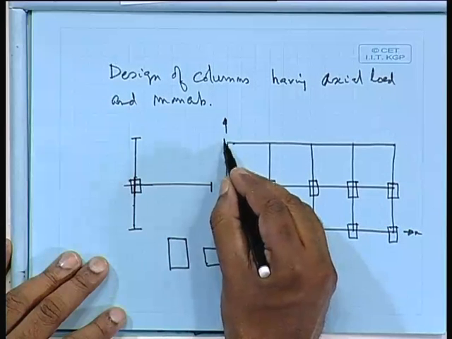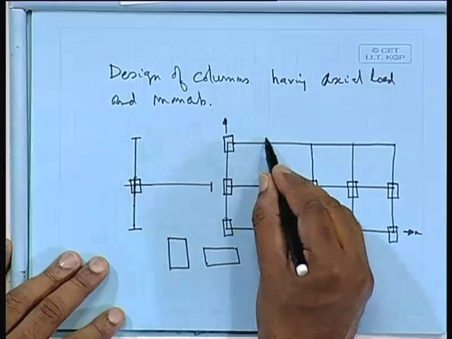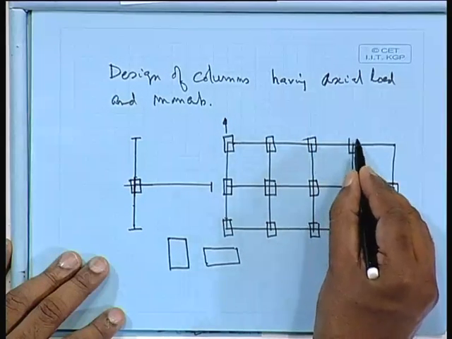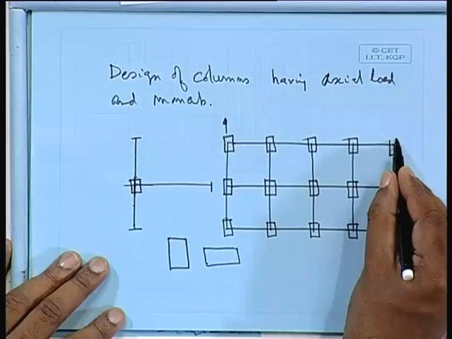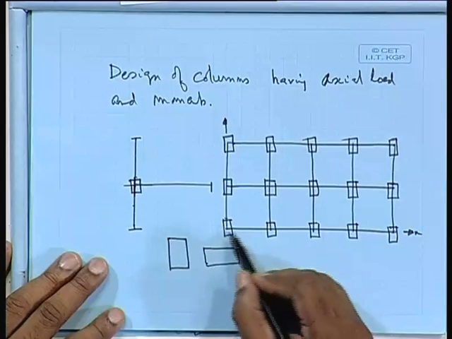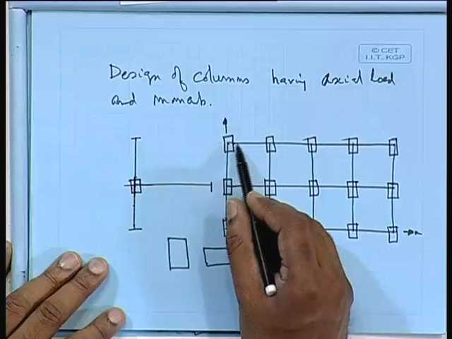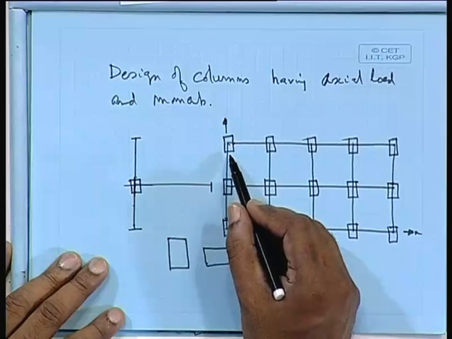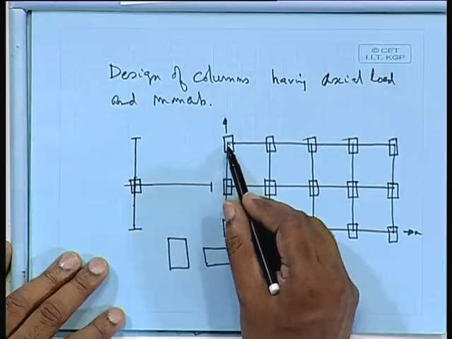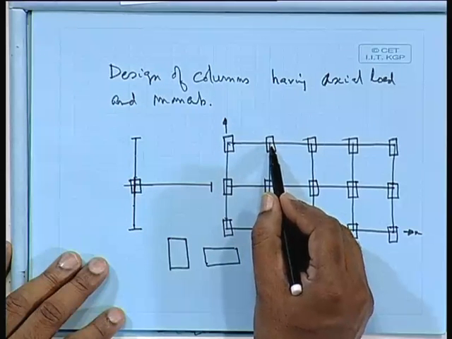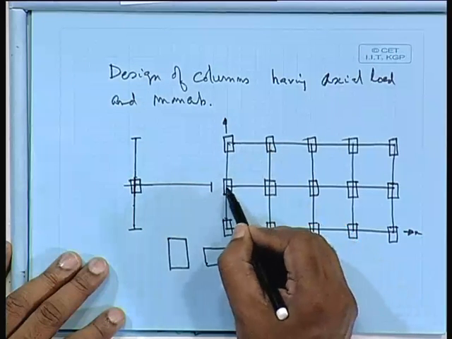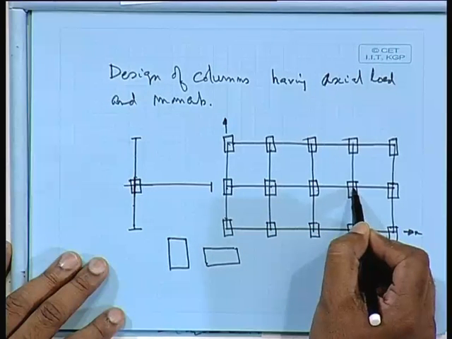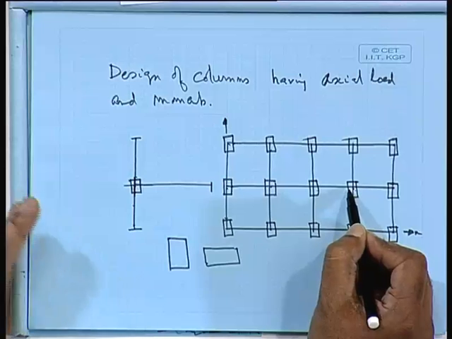Sometimes it happens, there are a few cases. For example, these corner columns, where the frame ends, the moment could be about both axes. This column's moment will be about one axis, whereas this column's moment will be about the other axis, whereas these middle columns are almost axially loaded.